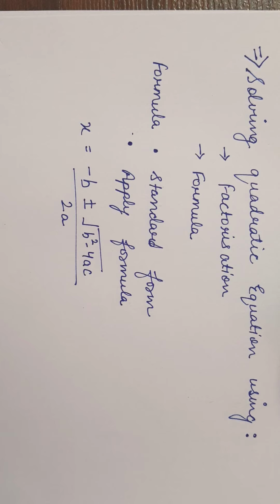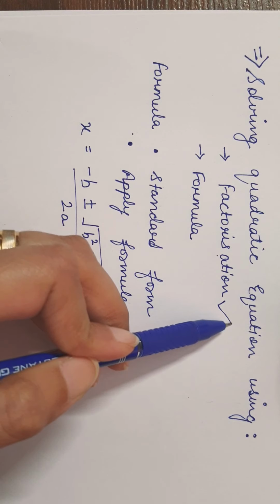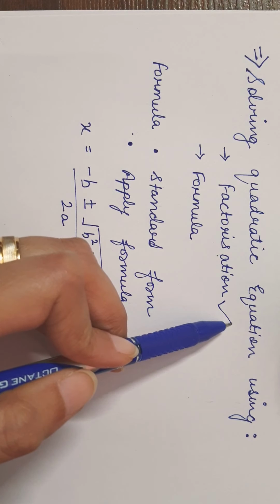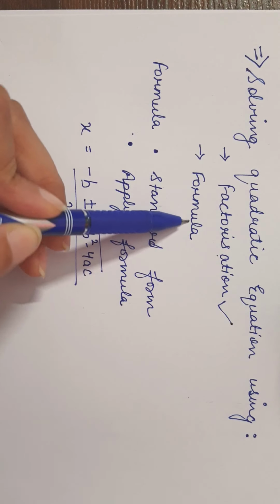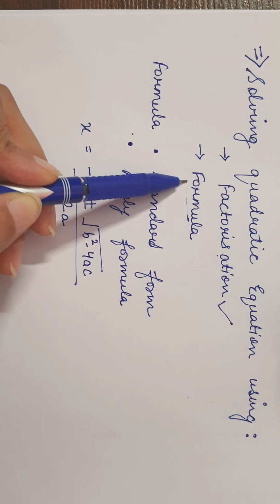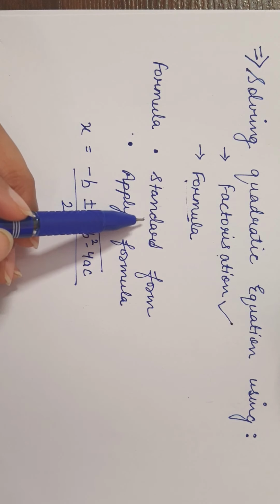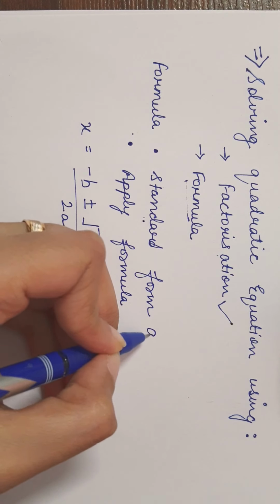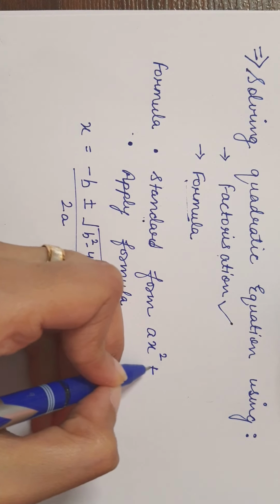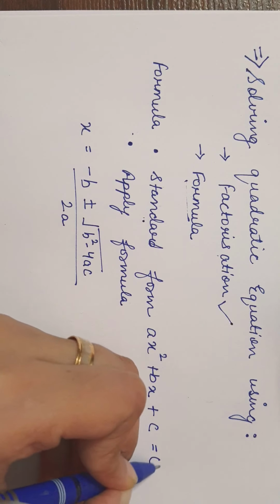So there are only two ways of solving a quadratic equation. One that we had already completed, factorization, and if factorization is not possible due to some reason, in that case we are going to use the formula. So the steps for the formula again. First we have to convert the quadratic equation into the standard form, that is ax square plus bx plus c equal to 0.